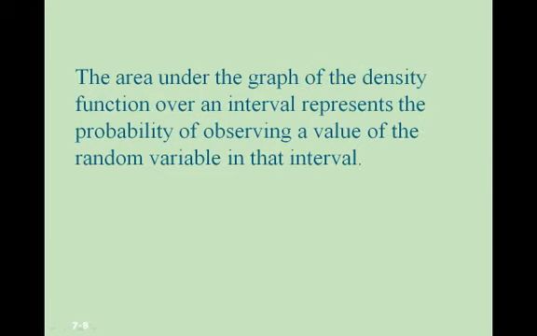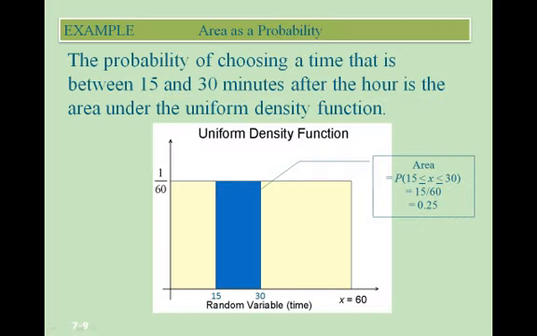The area under the graph of the density function over an interval represents the probability of observing a value of the random variable in that interval. So the probability of choosing a time that is between 15 and 30 minutes after the hour is the area under the uniform density function. Notice in the picture that the width of the shaded rectangle is 15, since 30 minus 15 is 15.